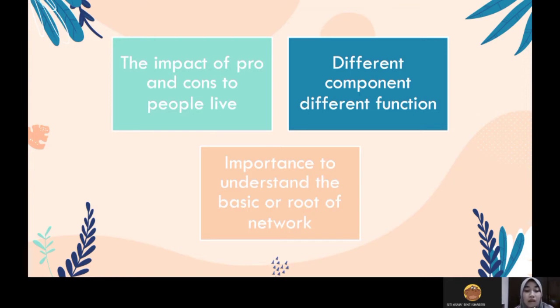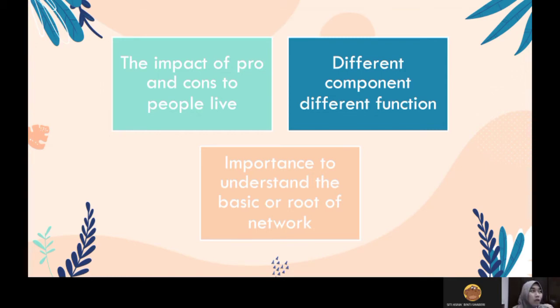And the second one is different components, different functions. We can easily capture and transform data by using a device, and it will connect to the network component. And the last one is the importance of understanding the basics or root of the network.